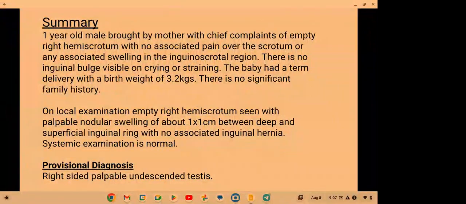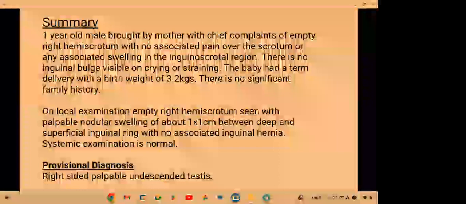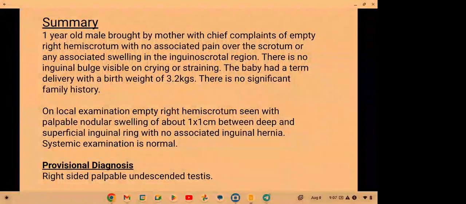So these are the indications when you operate on a patient with undescended testis even in the neonatal period: if it is associated with torsion or with strangulated hernia. In the neonatal phase, within 1 month of life, an undescended testis is associated with these two complications.